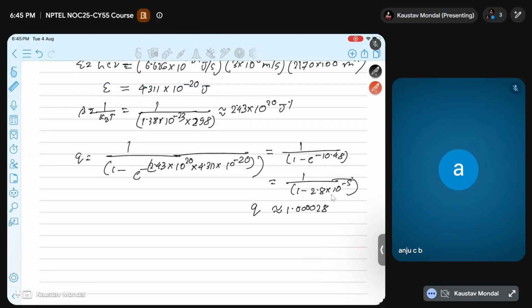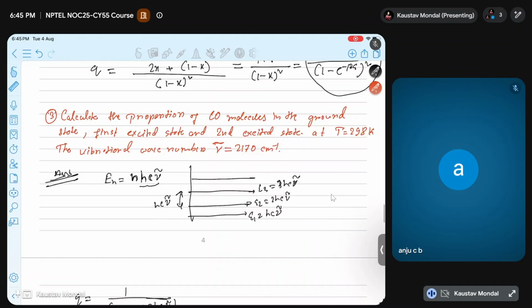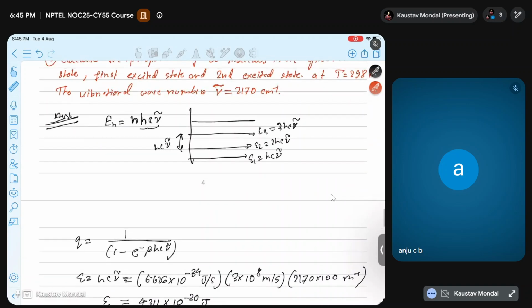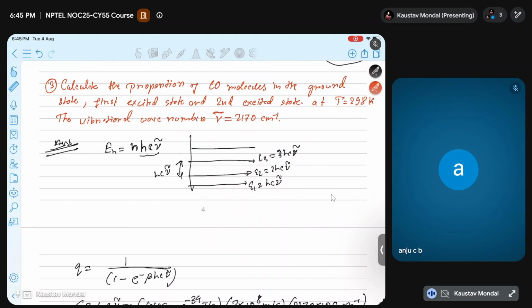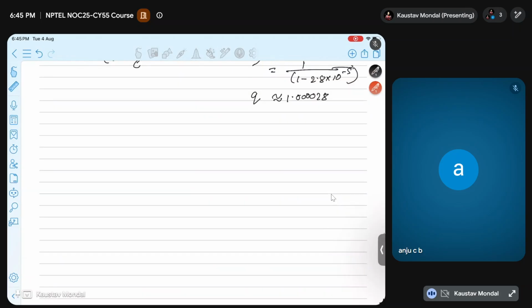Yeah, so we got the expression of Q, the partition function. And the first thing you have to calculate is the distribution, or the fraction, of molecules in the ground state. That is P0, basically N0 by N, which is 1 minus e to the power minus beta E into e to the power minus beta into 0.